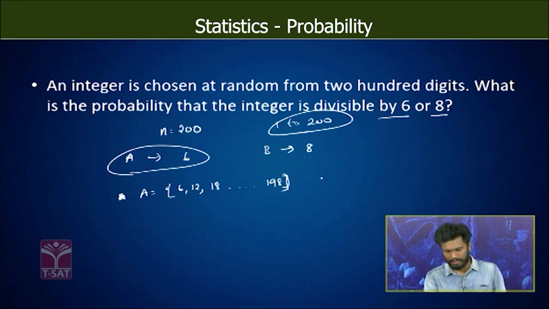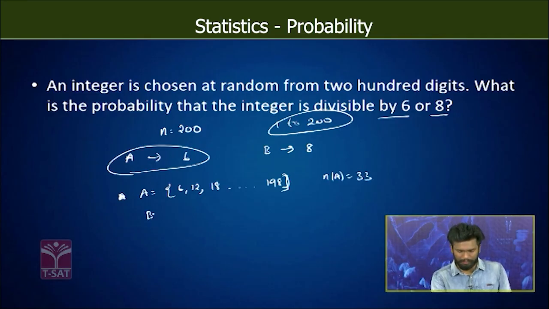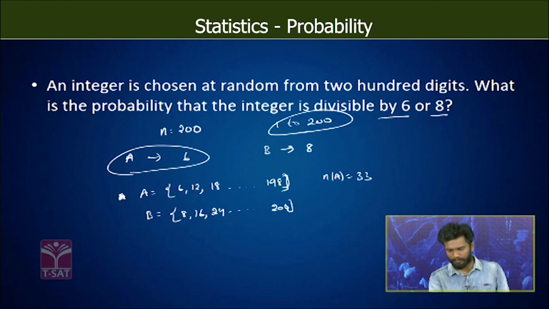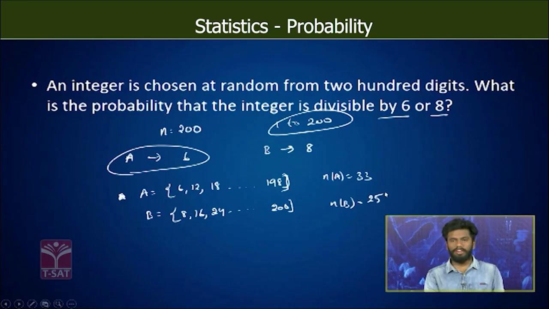So how many numbers are there here? n of A is 33. Similarly write set B: 8, 16, 24 and so on, the last being 200, which is divisible by 8. So n of B is 25.